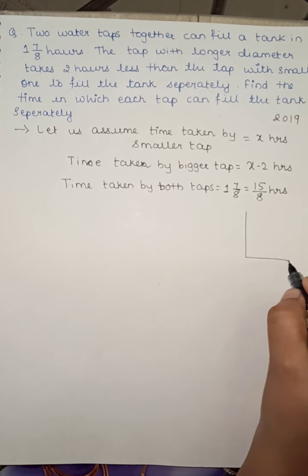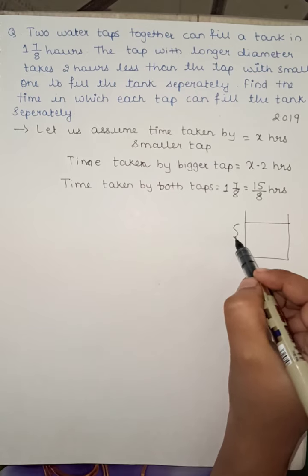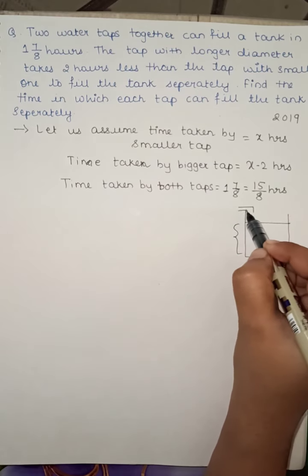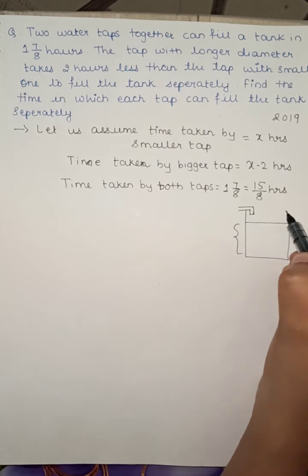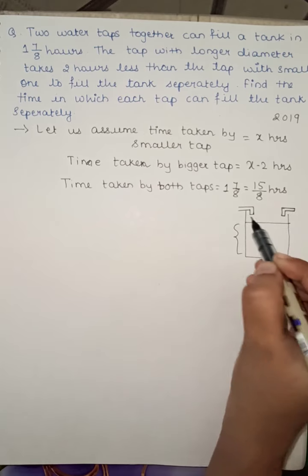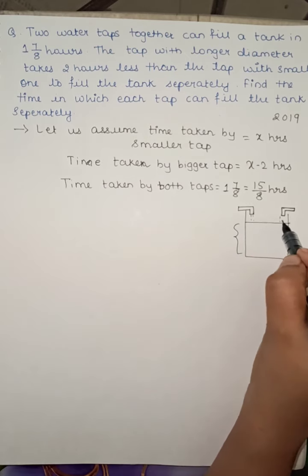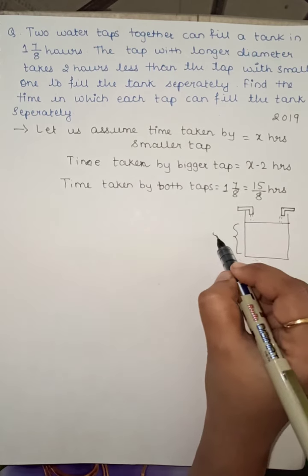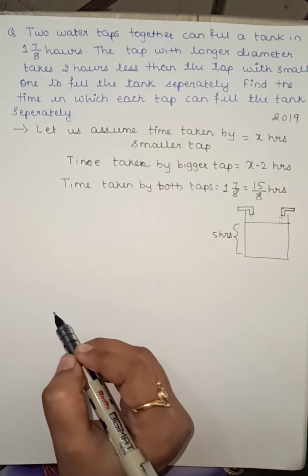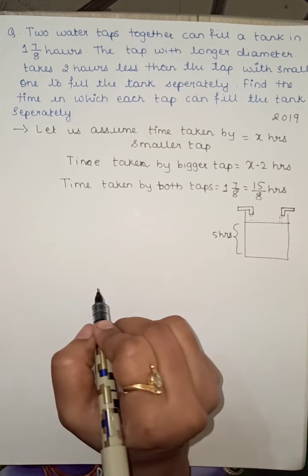Now suppose this is the tank and there is one tap flowing, right, and this is another tap. Now both the taps are filling the tank in, say, suppose 5 hours. So in 1 hour how much part will they fill?